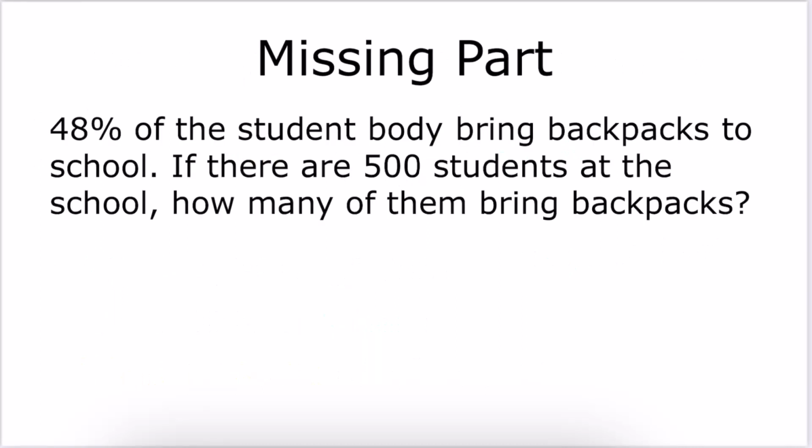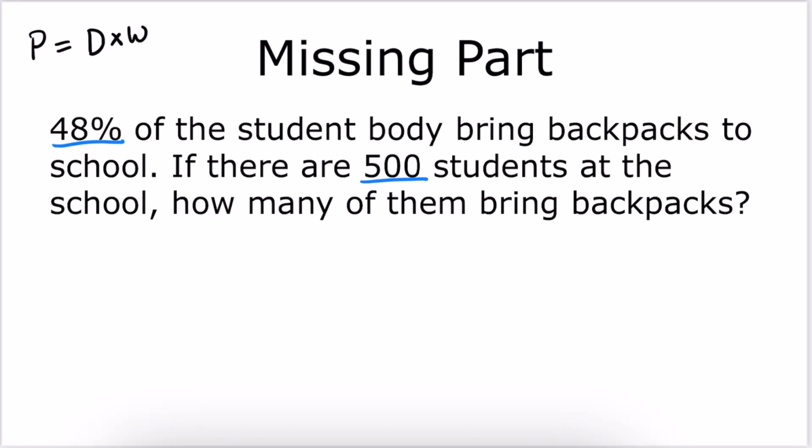If we have a missing part problem like this, where 48% of the student body brings backpacks to school, and there are 500 students at the school, and we want to figure out how many of them bring backpacks, we can set this up. We know the percentage, and we know that there's a total of 500 students, and we want to figure out what part of that total brings backpacks. So remember, the equation is part equals percent as a decimal times the whole.